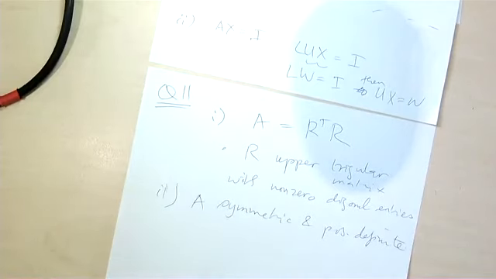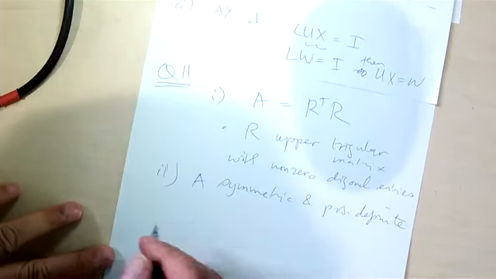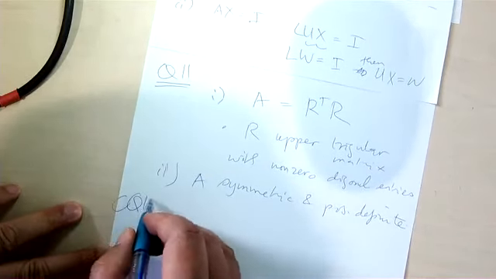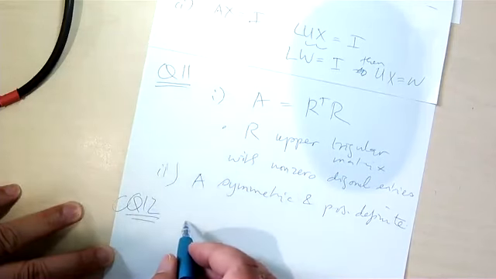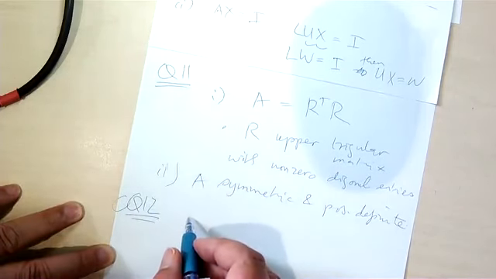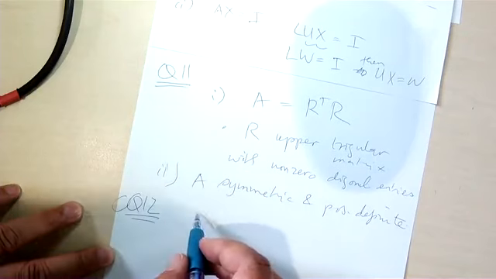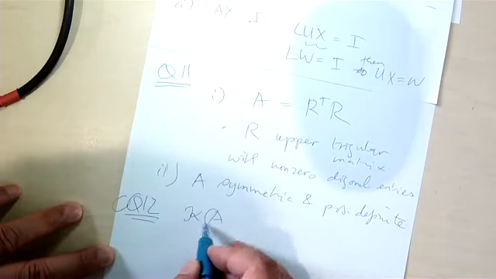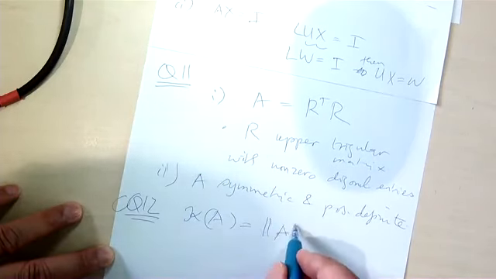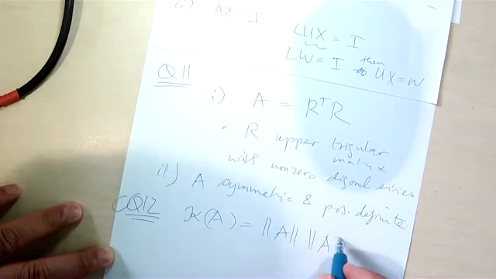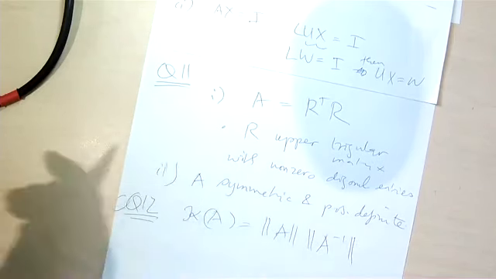Okay, so question 11 is done, yeah? So question 12. What is the condition number? So the condition number is the norm of A times the norm of A inverse, in any norm.